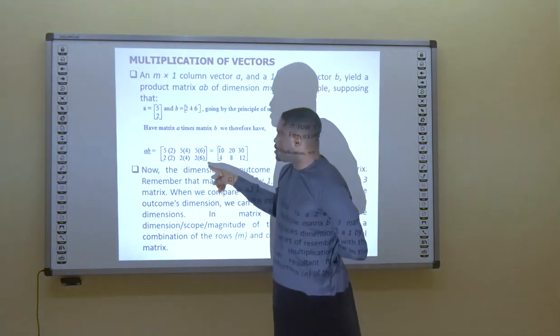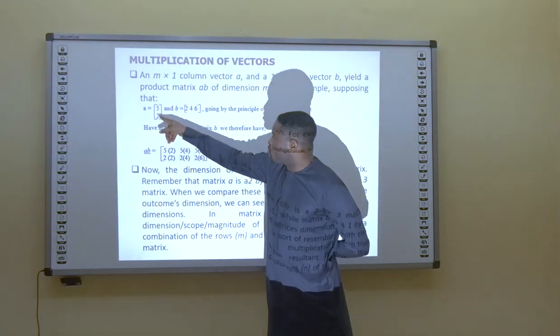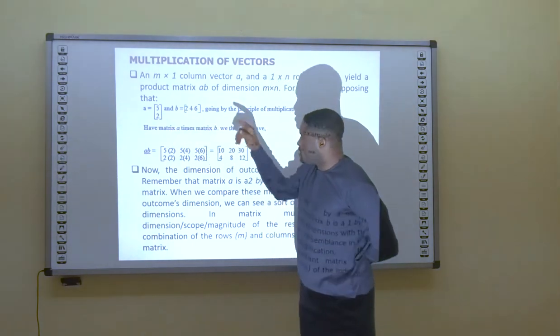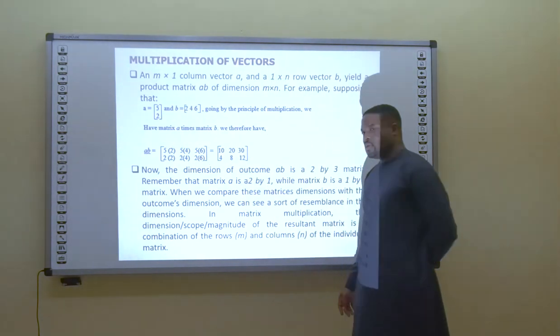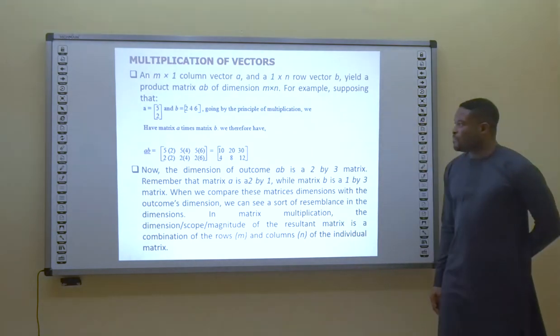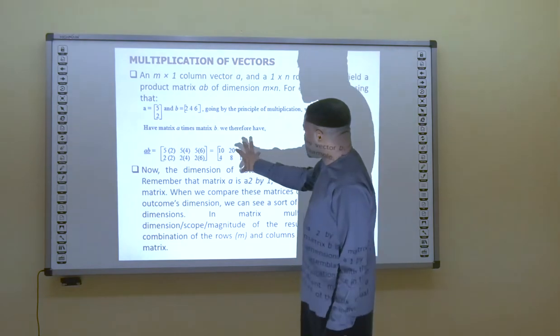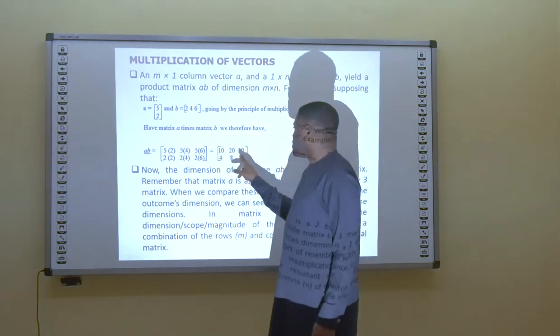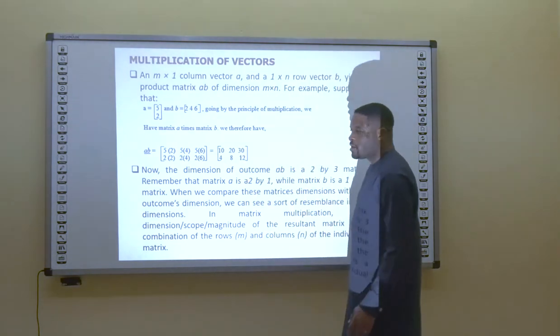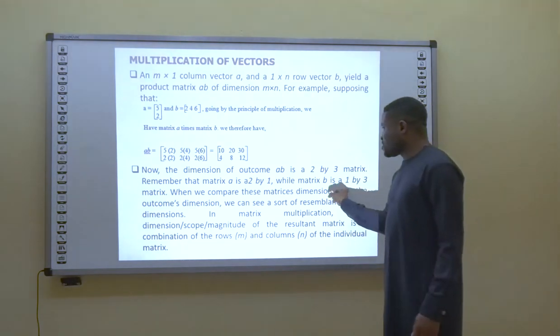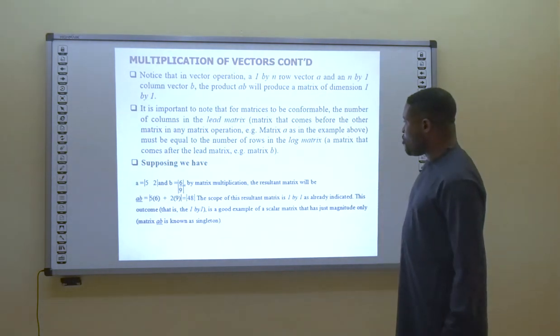And then you do the same for the lower row: 2 times 2, 2 times 4, and then 2 times 6. That will give you a new matrix. And you see that the new matrix has been transformed into a 2 by 3 matrix form.